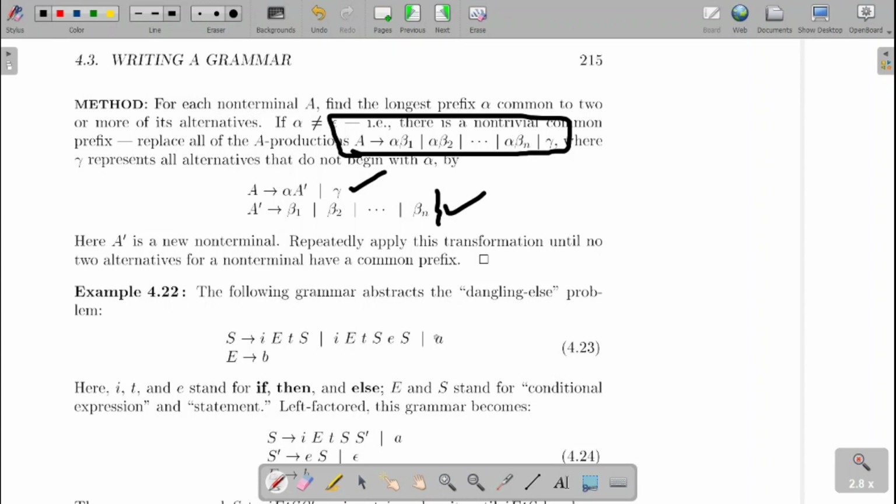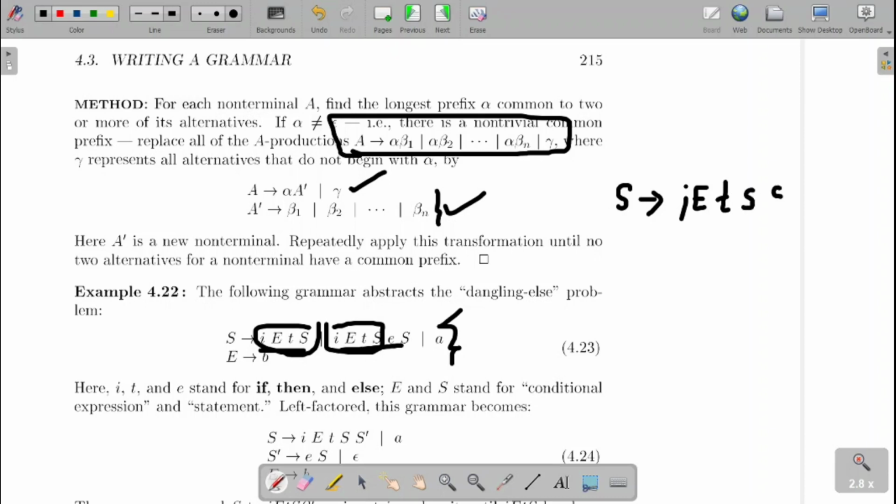Now if I take up this grammar, it is the dangling else, the same if-else, but here in place of long abbreviations we are using single alphabets. S derives iEtS, or iEtSeS, and a. Among these two, iEtS is common. So this can be written as S derives iEtS S dash.